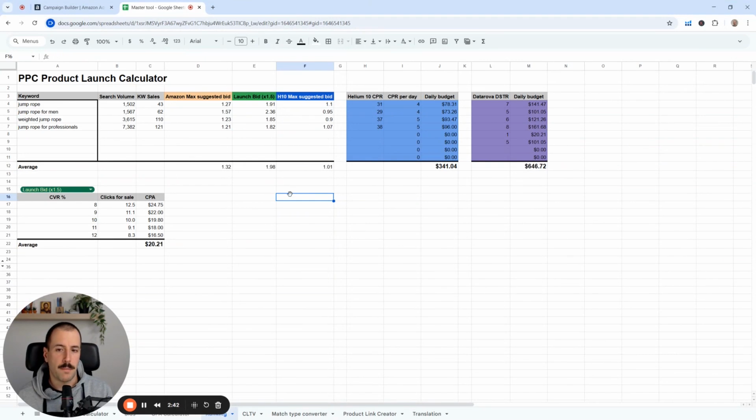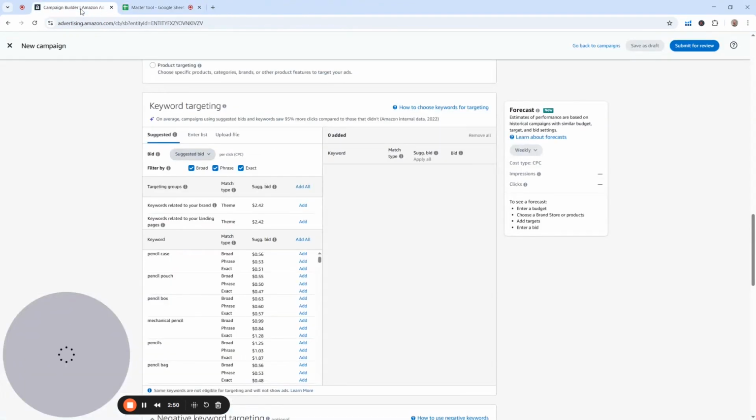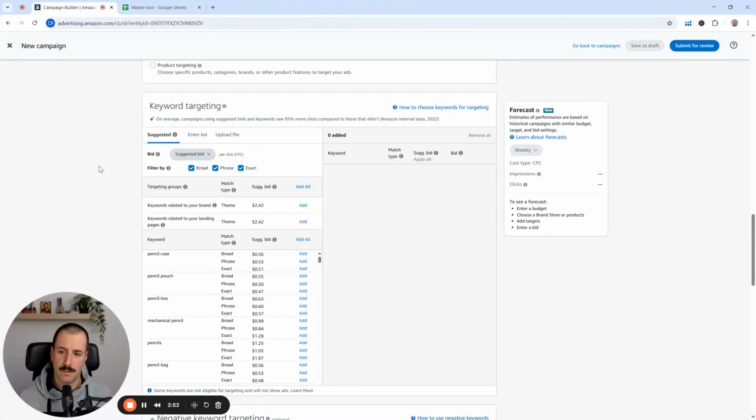So it really depends on if you're just starting out or if it's a new keyword that you added to the campaign. Let's move, for example, to the situation where you have an option to add keywords to your campaign. What we have here is just a dummy account.